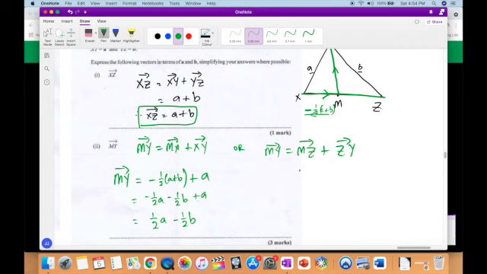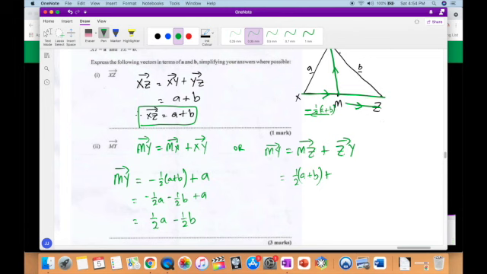Or in this one here, let's try this one. MZ, this is the half A plus B. And you notice MZ going in this direction now, and that goes with the direction of XZ. So I don't have to put a negative there. I'm going with that direction.